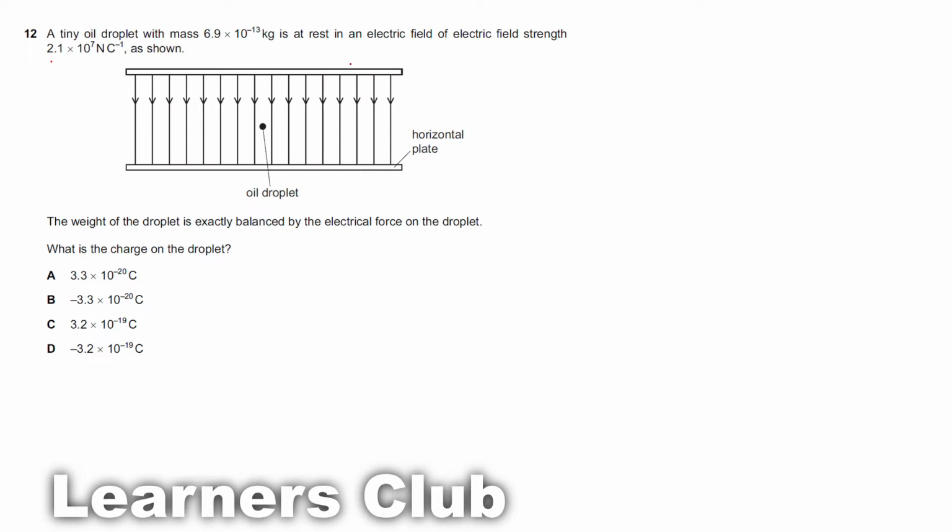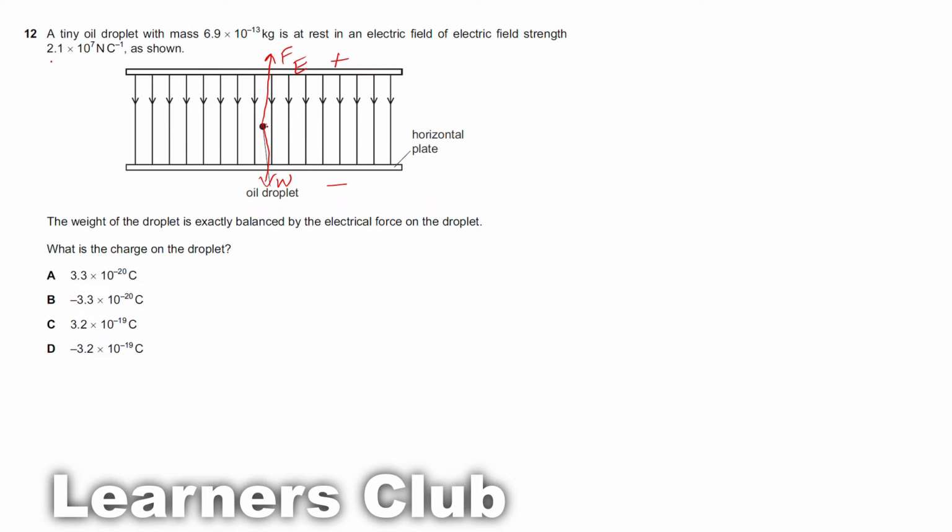Electric field always moves from the positive to the negative charged plate. Now you can see this oil droplet is balanced in this electric field. That means the weight of this oil droplet is balanced by the force of the electric field strength.